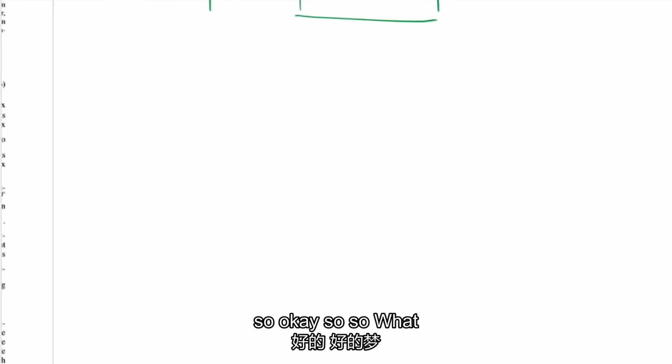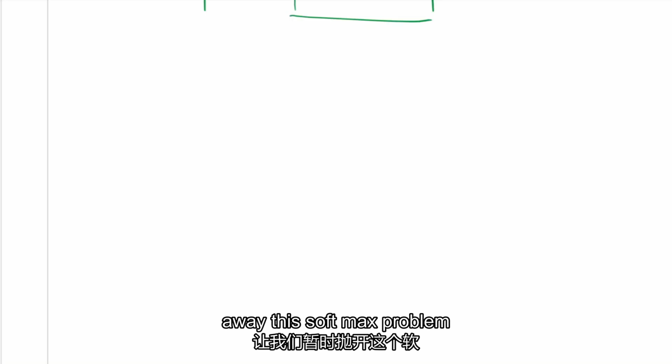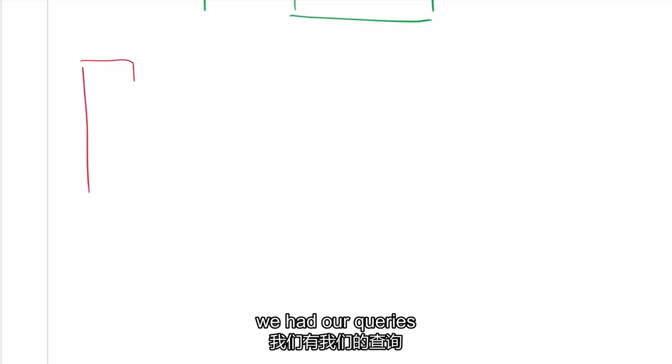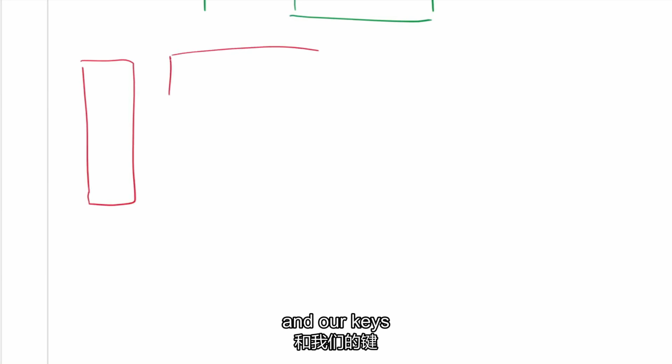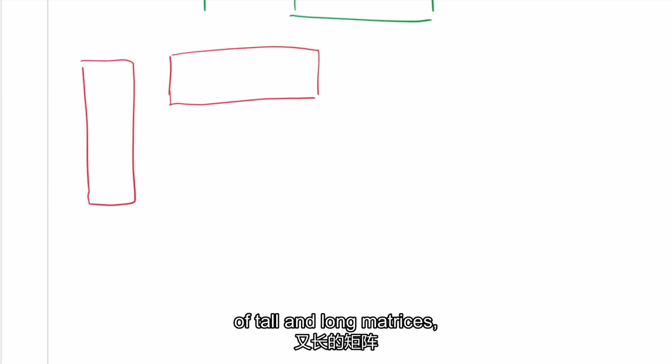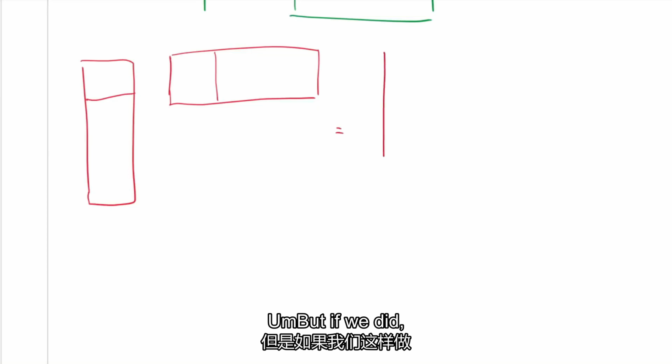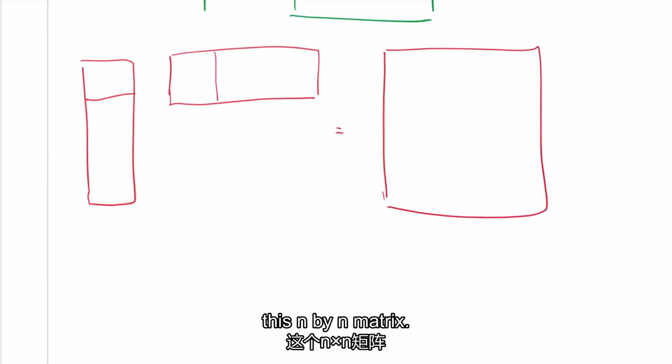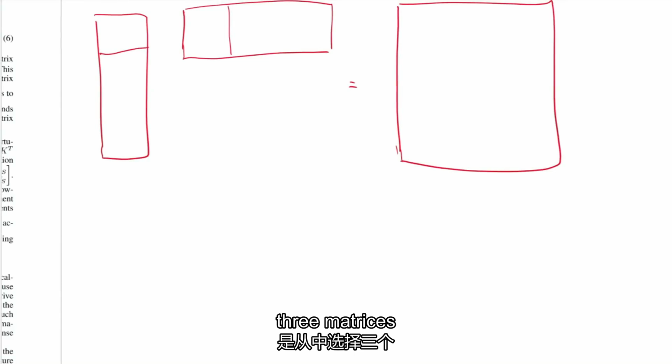So, okay, what does the Nyström method do in this particular case? Let's leave away this softmax problem for just a second and focus on what it does. As we said, we had our queries and our keys as these tall and long matrices. So the rows here are queries and the columns here are keys, and we're about to do this outer product. Now we don't want to do this outer product, but if we did, we would get, again, this n by n matrix. Now, the Nyström method here selects 3 matrices out of this.